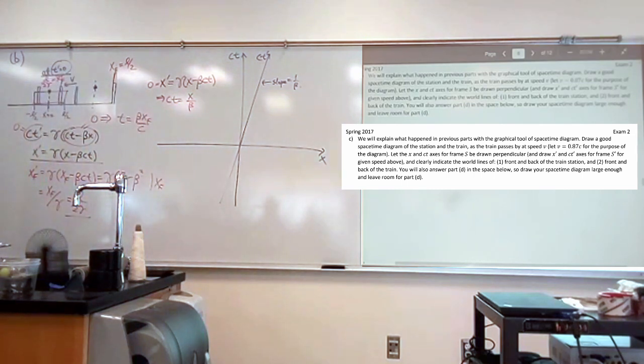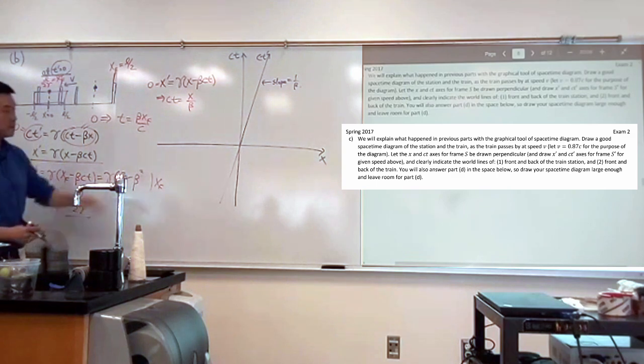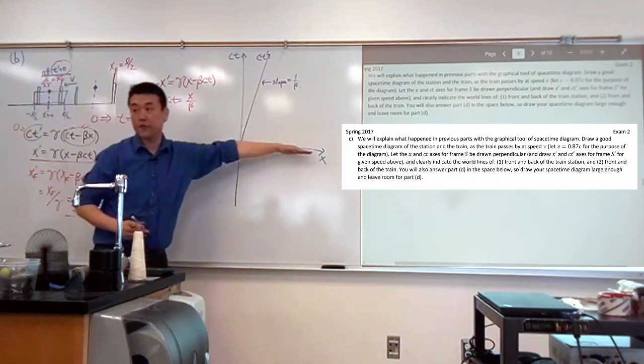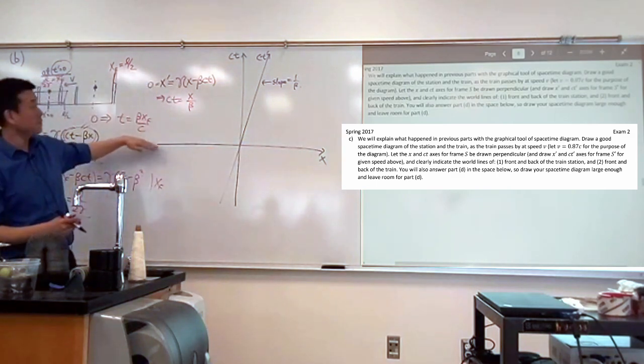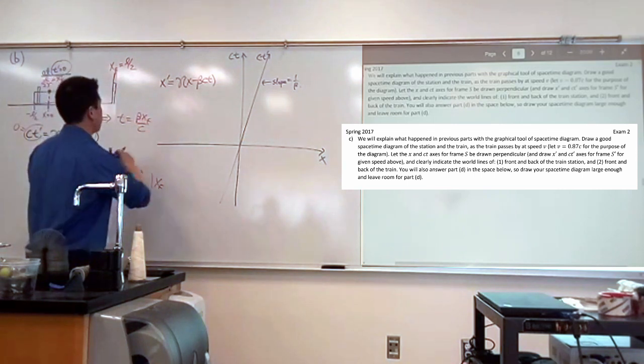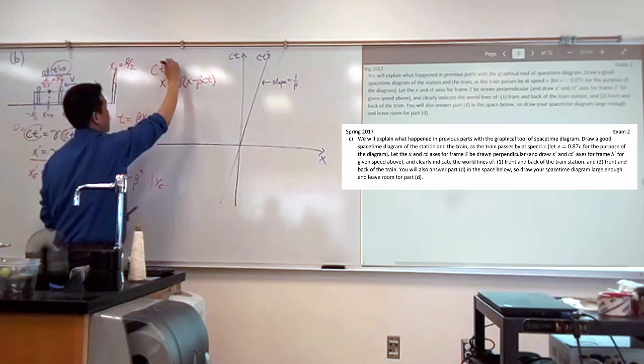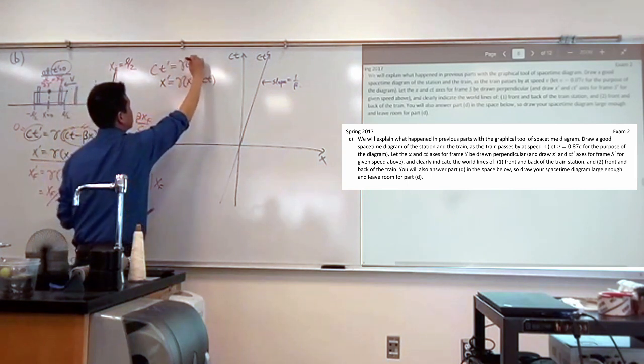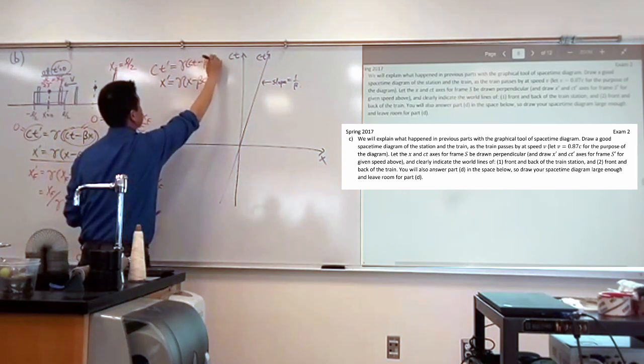Let me do another one. So this time I actually want the x prime axis. So the x-axis is the set of points where ct is equal to 0. So let me do that. I'm looking at the first equation here. ct prime is equal to gamma (ct minus beta x).